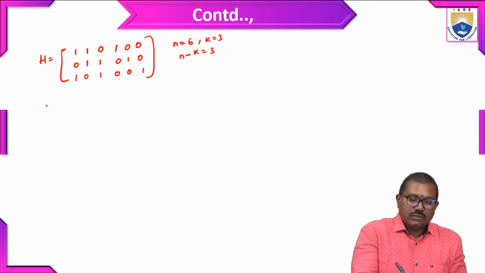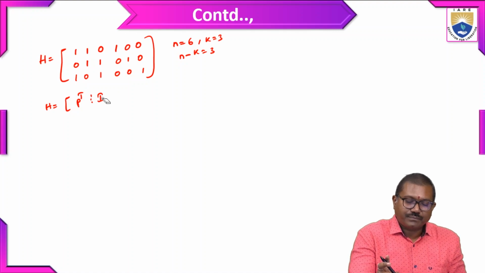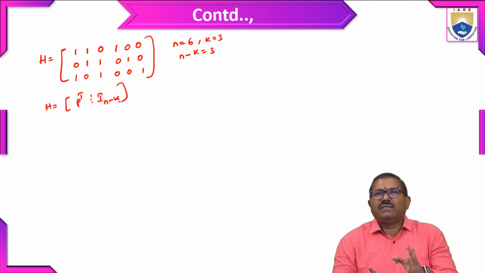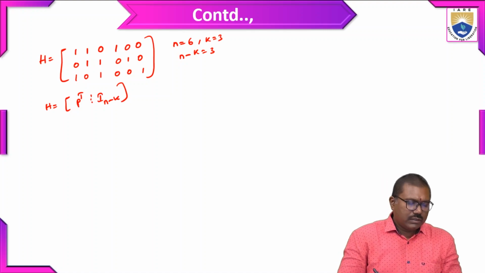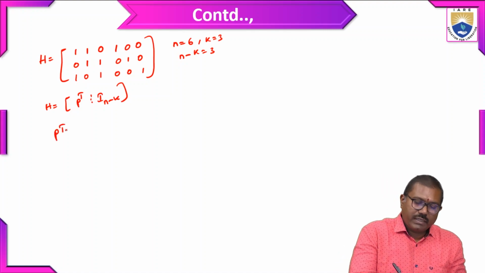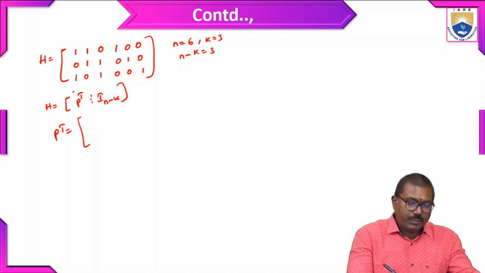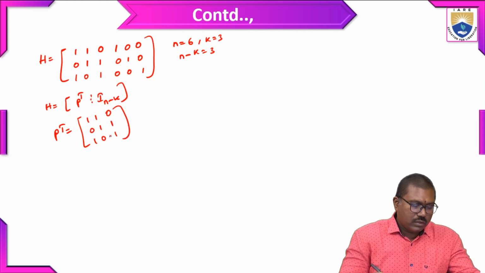Okay. So what is the H pattern? P transpose augment I_(N minus K). My N minus K is 3 and my message length is also 3. Now P transpose is 110, 011, 101.